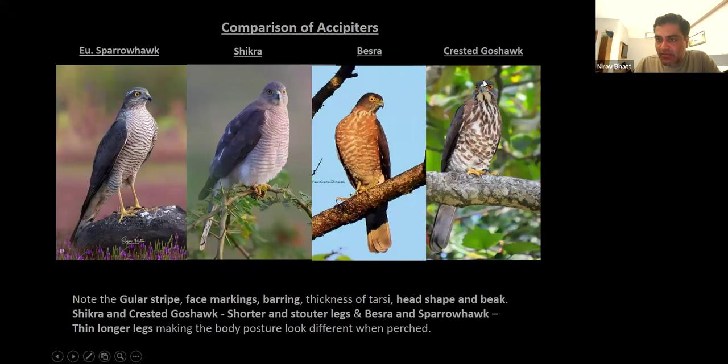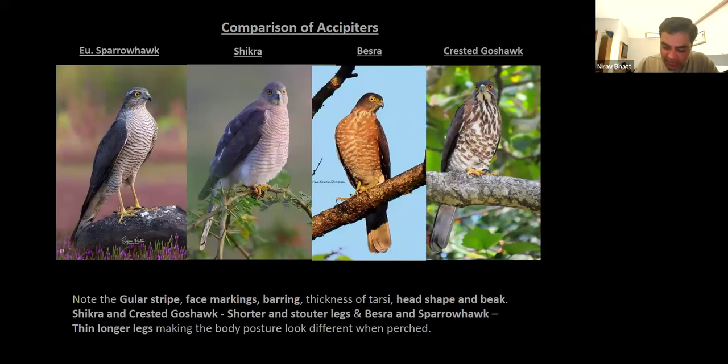Crested Goshawk has a very heavy beak, heavier looking head, and it looks very stout. The feet, the tarsi are very powerful, very strong, and the thickest of all. So it has shorter legs for Crested Goshawk, longer legs for Besra, medium legs for Shikra, and very long legs for Sparrowhawk.